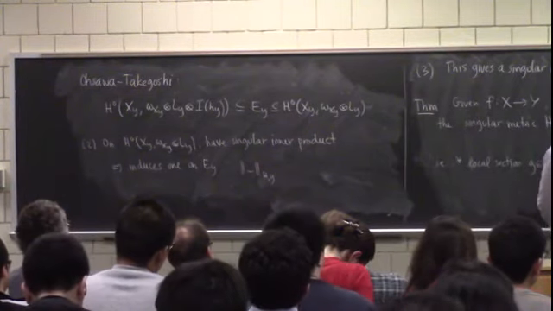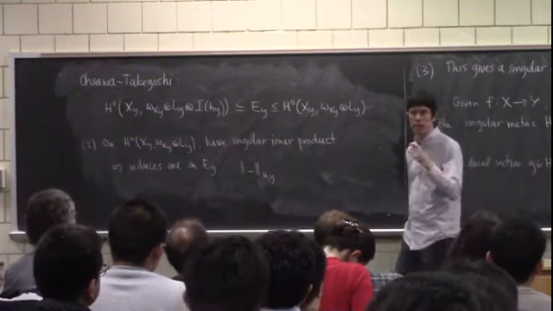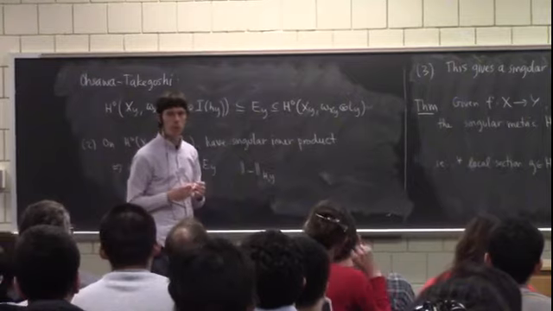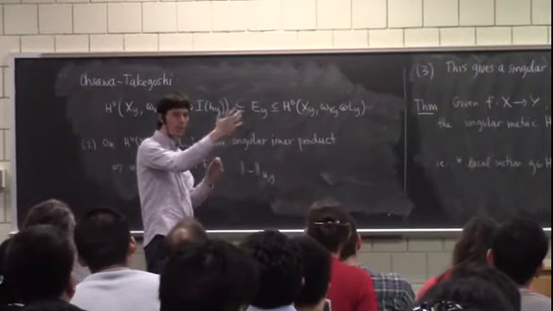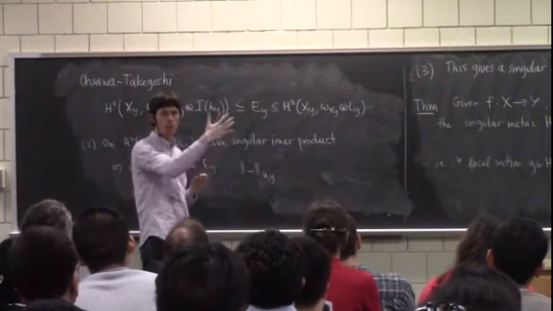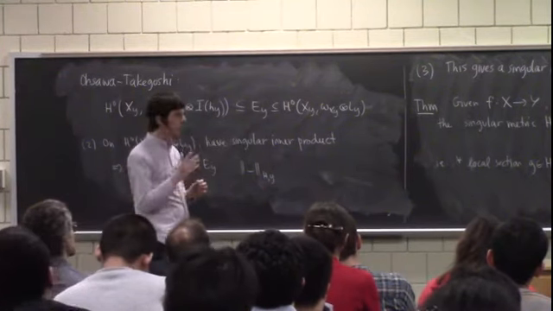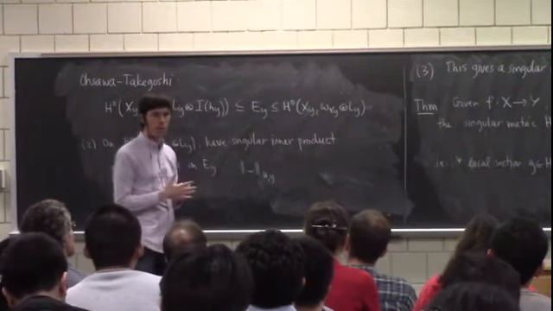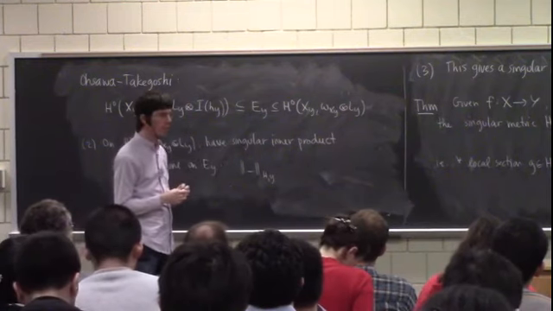The problem with studying this function is that the norm on the dual bundle is defined pointwise by taking a supremum. It's the norm of a functional computed pointwise. So a priori, at every different point, I might need a different vector in the fiber to compute the norm of that functional, and I don't have any control over how it moves. The Ohsawa-Takegoshi theorem will make sure that as I move from one fiber to another, things are sufficiently uniform so that I can control the behavior of this function.